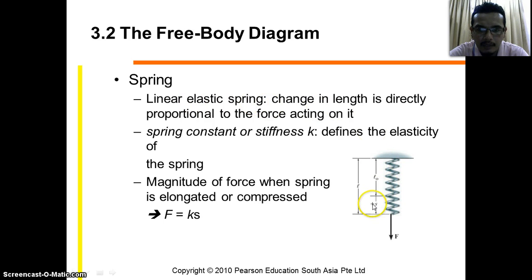The spring has a spring constant, or stiffness k, defined as the elasticity of the spring. So what is the relation between the force, the stiffness k, and the change in length s?